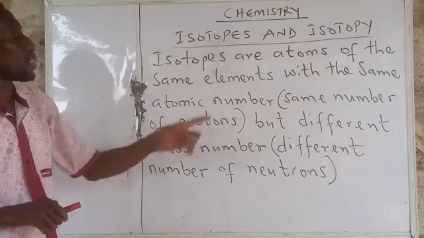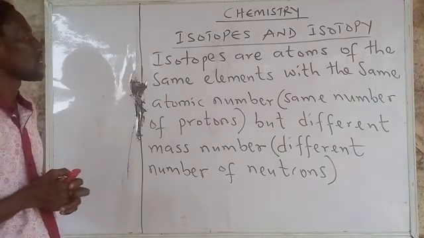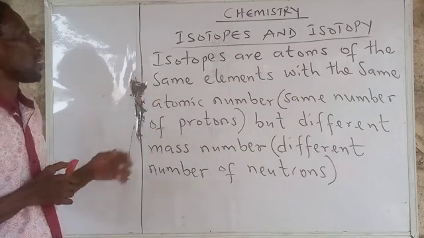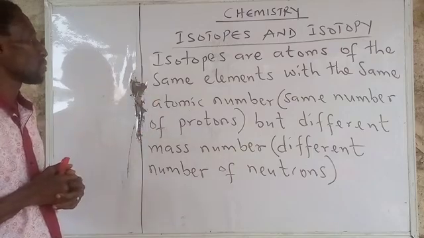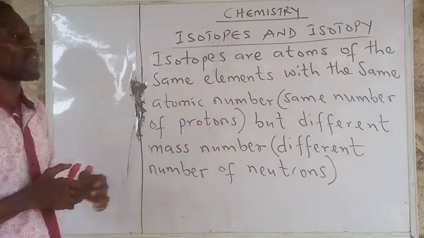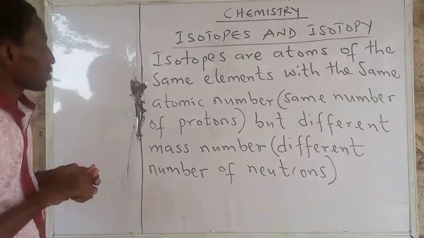So what we call isotopy is a phenomenon whereby atoms of the same element have the same atomic number but different atomic mass.